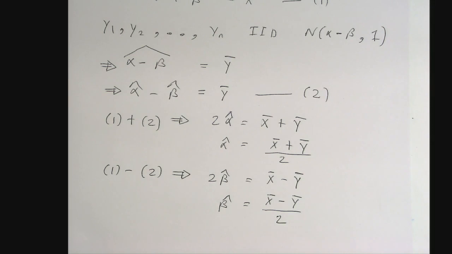Yeah, I mean, the normal way to do this question is to write down the full likelihood and do the partial derivatives and set them to 0. And you will get the same answer though.